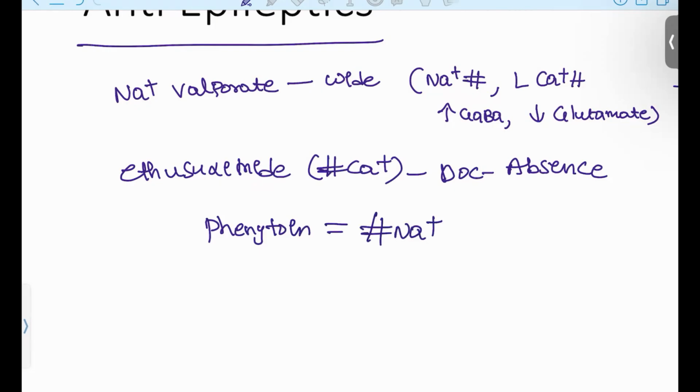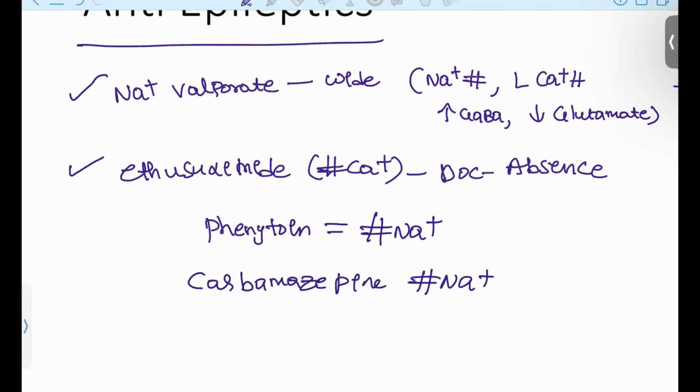Okay. Next, carbamazepine. Carbamazepine blocks the sodium channels. Okay. And remember, this was also asked in a previous mechanism of action question, and phenytoin side effects are also asked. Gingival hyperplasia is seen with phenytoin. Fetal abnormality, the fetal hydantoin syndrome, is also seen with phenytoin only.